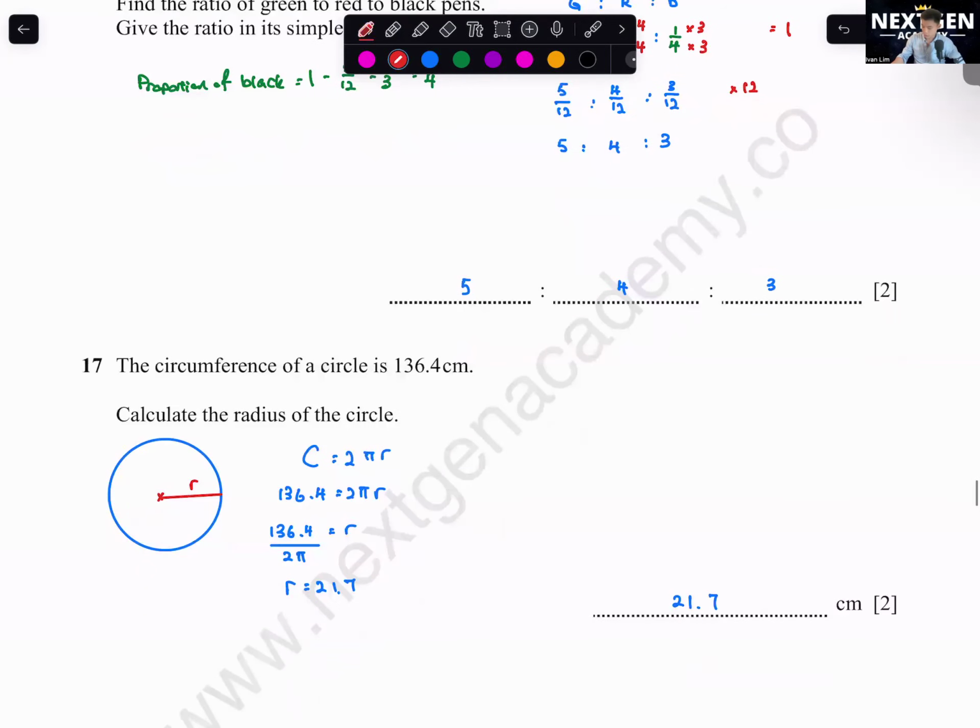So this one is 3 SF. Everyone good until here? Okay, let's move on to the next one.